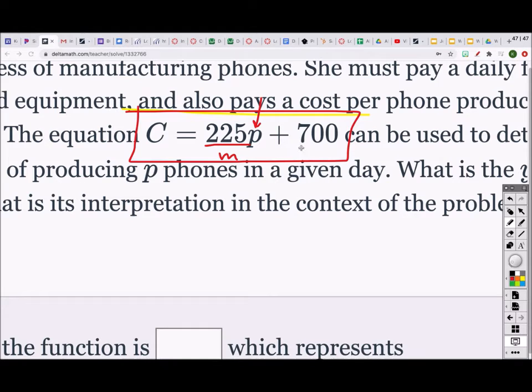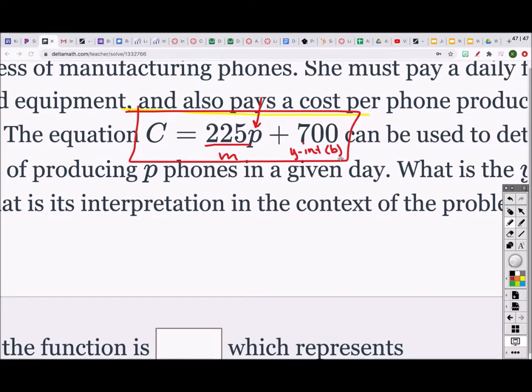The number that is by itself is always the y-intercept, and the letter we use for the y-intercept is the letter B, because that's where the line begins.